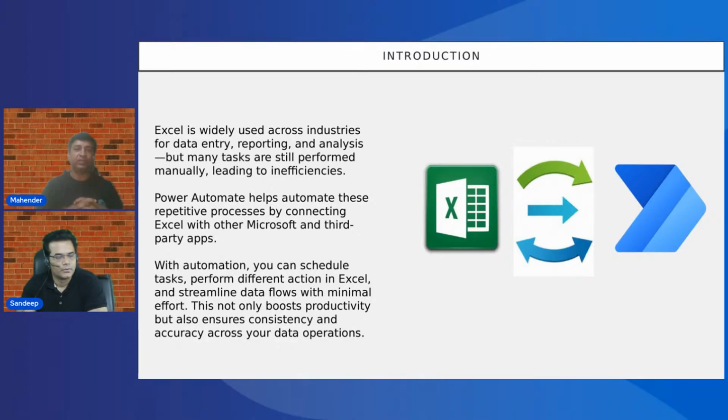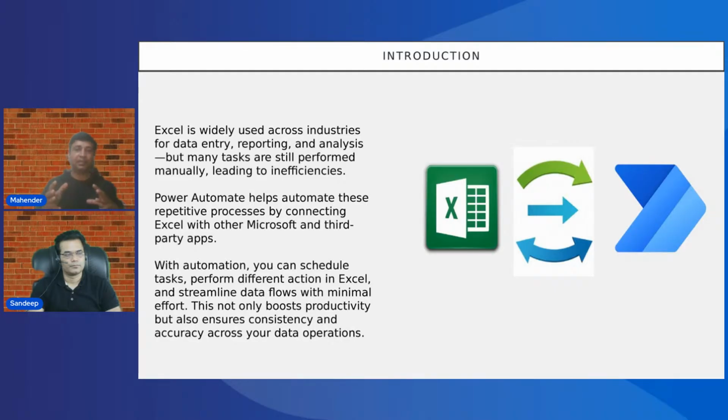Those kinds of things we can easily do using Power Automate, and that's what we are going to talk about today. We will show you how we can leverage the different actions that are part of Power Automate to do this automation with Excel.